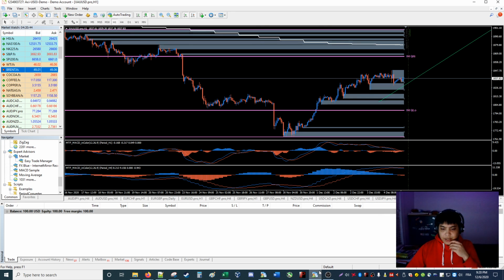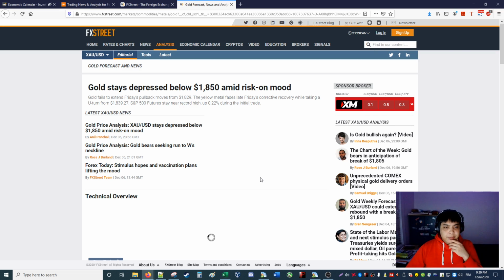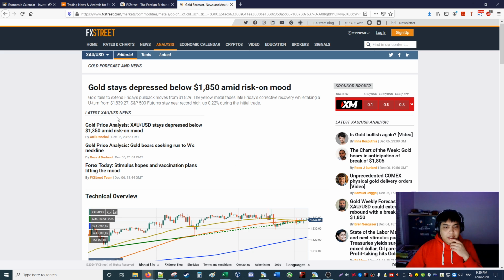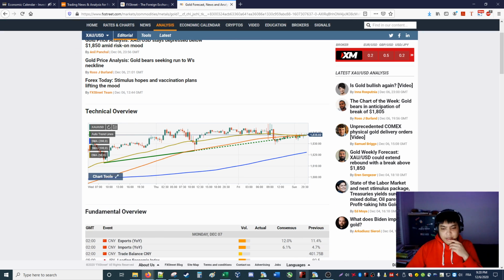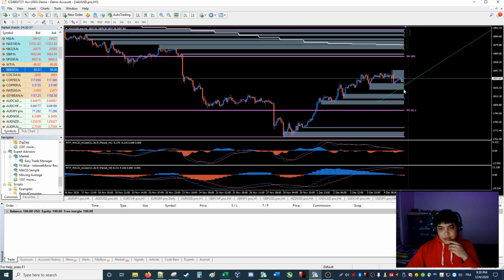We said we're going long. Depressed or no? Well, taking a U-turn from the boom. Yeah, so there's a U-turn here. Sure, but then the US dollar is not strong.